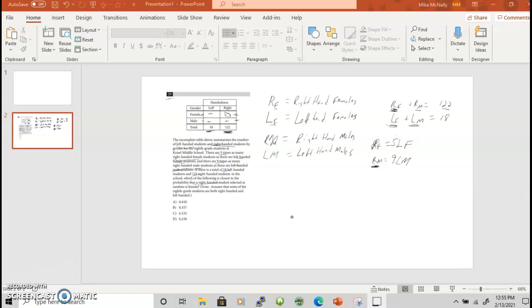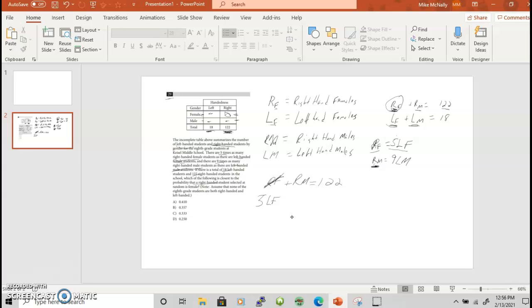Therefore, we can replace this RF with 5LF. So RF equals 5LF. So let's rewrite this down here. RF plus RM equaled 122. We're going to replace RF with 5 times LF since they equal each other. So let's just make that 5LF. So we just substituted that.